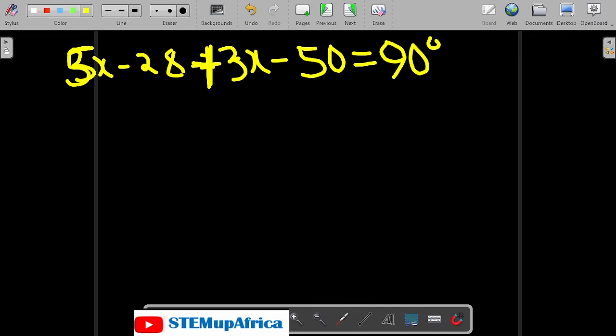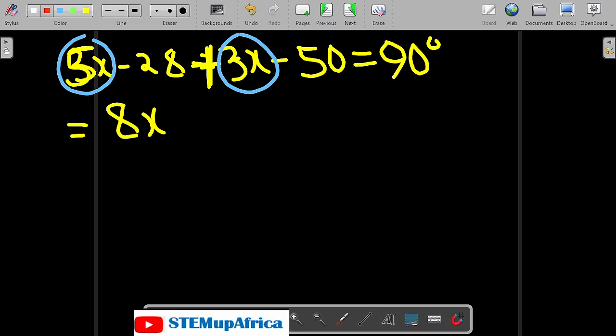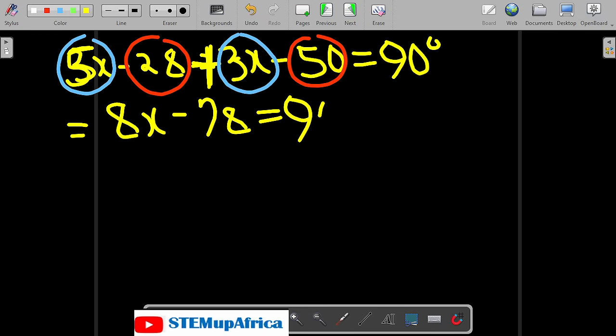I can add 5x to 3x, that will give me 8x. Then minus 28 minus 50, that will give me minus 78, equals 90 degrees.